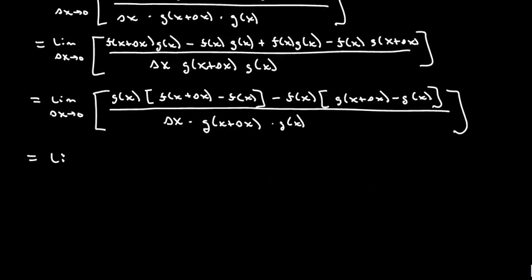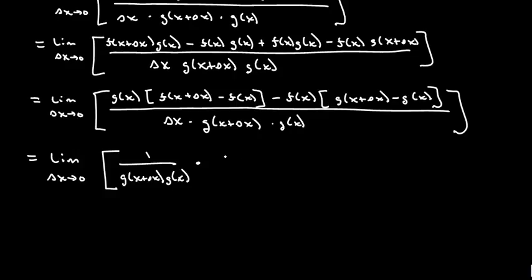Okay. We're doing pretty good. We're almost there. So what I can do here is I'm going to rewrite this whole thing like this. I'm going to write it as 1 over g of x plus delta x times g of x times, okay, now I'm going to take each of these guys and split them up.